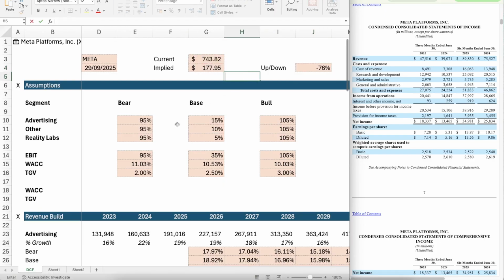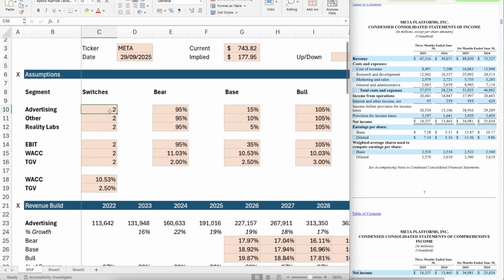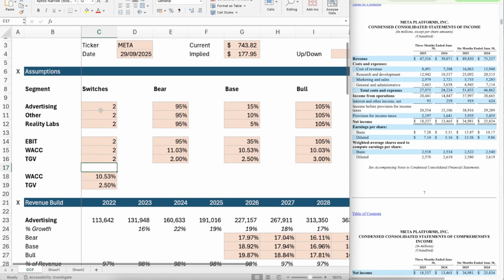Yeah, I mean, that would suggest there's quite a big downside. I don't even want to know what the low is going to be if it's, well, 130.